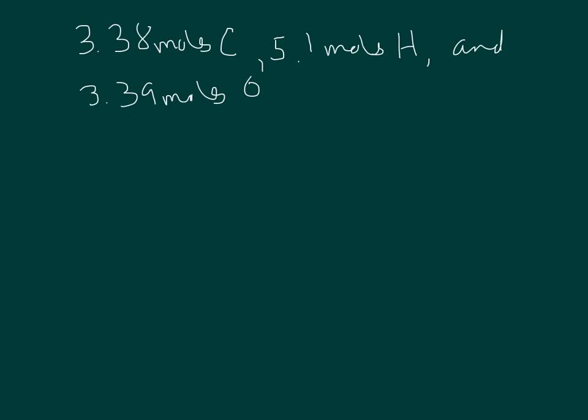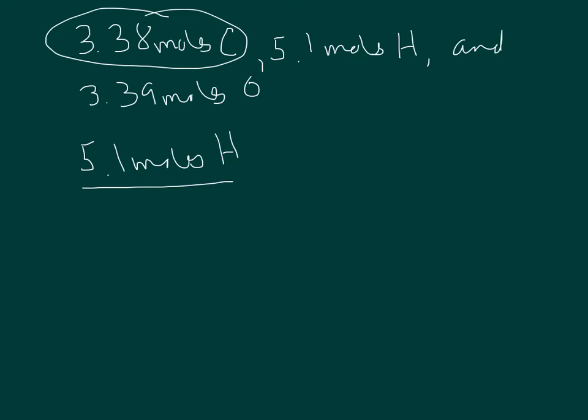Okay, so now what we found was 3.38 moles of carbon, 5.1 moles of hydrogen, and 3.39 moles of oxygen. So now we're going to set up our ratios again using the smallest one on the bottom all the time. So we're going to use the 3.38 moles of carbon on the bottom. So I'm going to take 5.1 moles of hydrogen and put it on top over 3.38 moles of carbon.